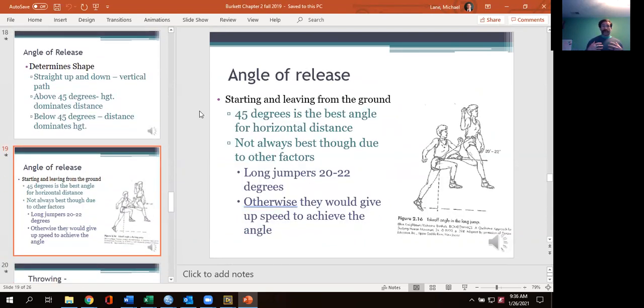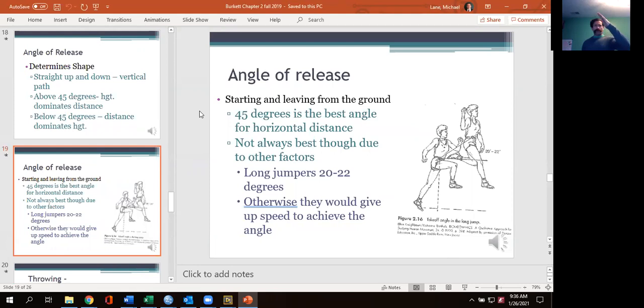Now, since we obviously live on Earth, not everything is going to go a max distance when it's released at 45 degrees. We've got things like wind resistance that are going to be factoring in. We've got aerodynamics. So for example, when a long jumper is trying to obviously jump as far as possible, their angle is only at about 20 to 22 degrees, okay?